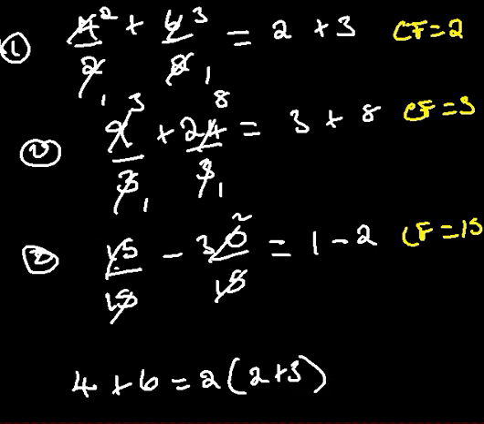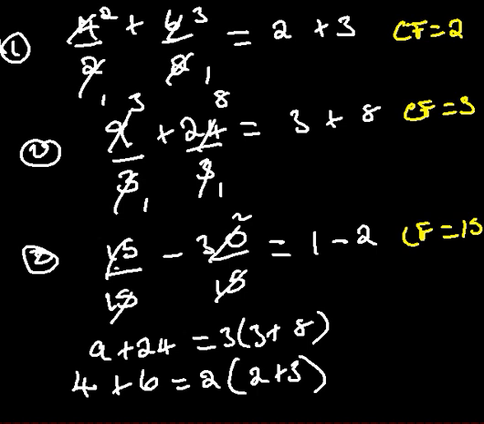And likewise, 9 plus 24 is the same as having 3 times 3 plus 8. It is the same as that.